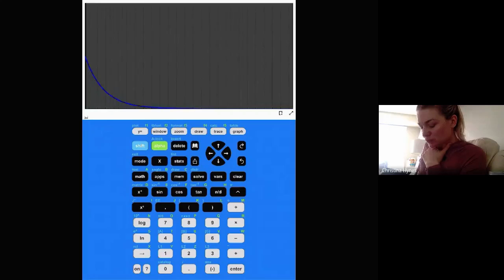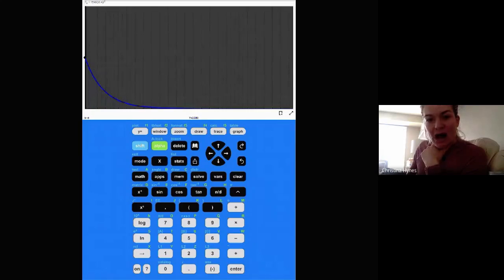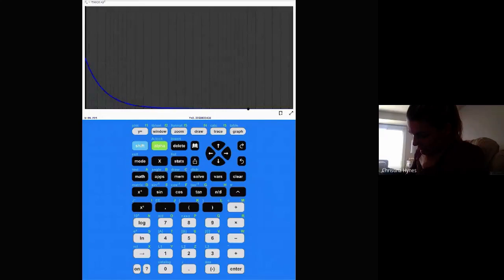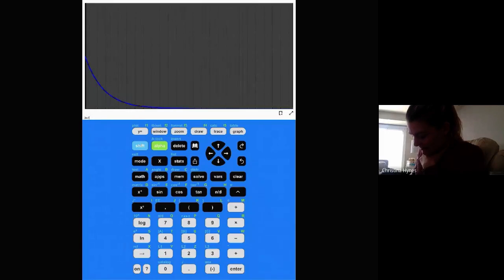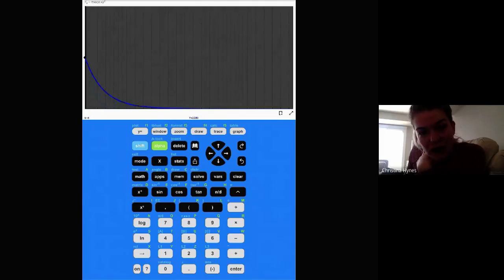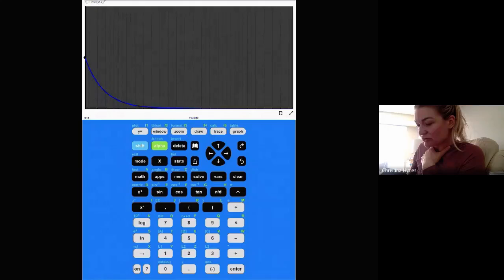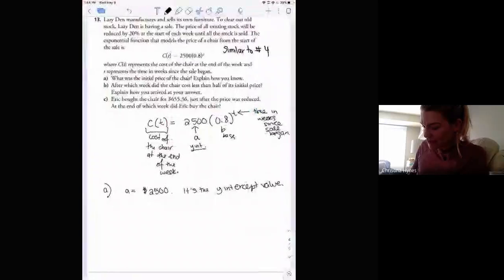So you go trace, you enter a 0, press enter, and then you get your y value. So I just want to show you again. I'm pressing trace 0 enter, and I get the y coordinate, which is 2,500. Okay, so that matches your a value in your equation. So that's A.